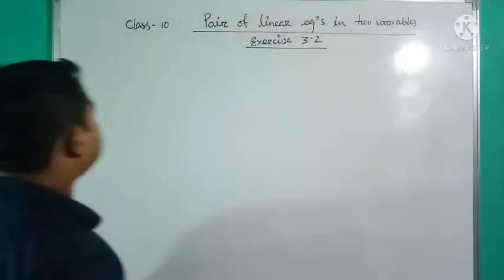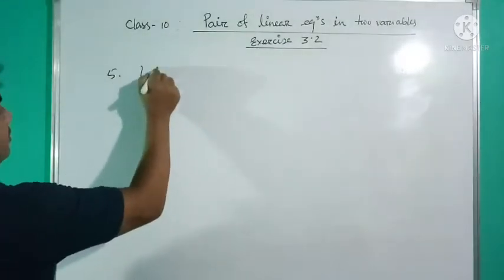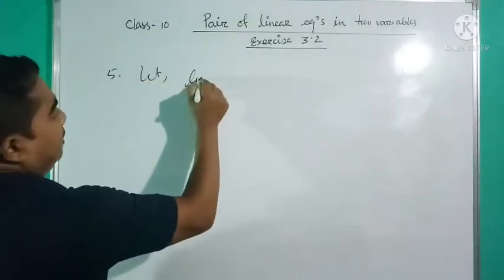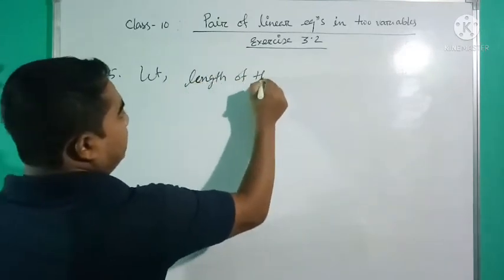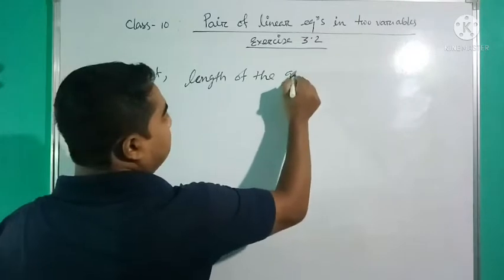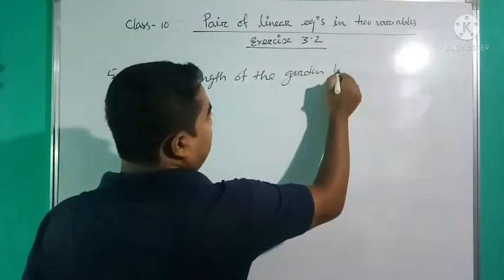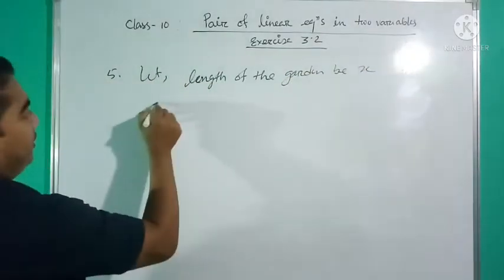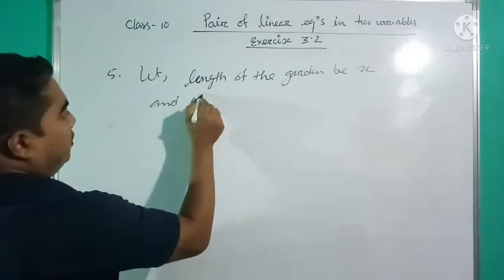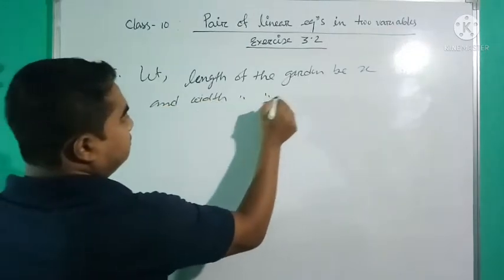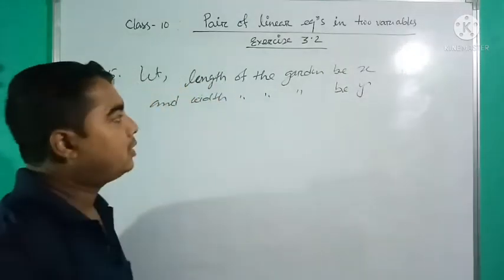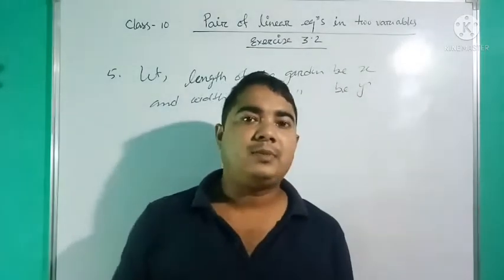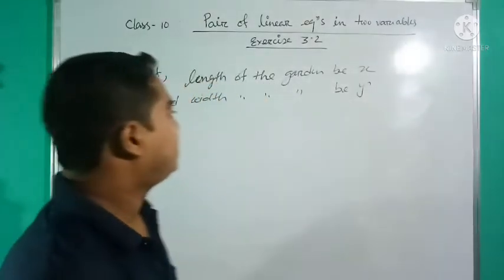Okay, question number 5. Let the length of the garden be x and the width of the garden be y. Next, the question says half the perimeter is 36.